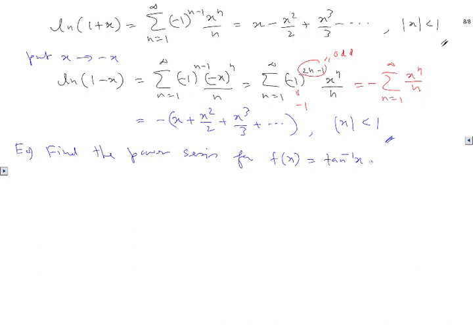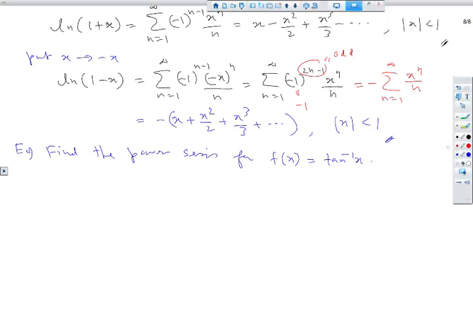So again, you want to think of whether there's a function which has tan x as the derivative or which has tan x as the integral. But we know that there's a function which has tan x as the integral.